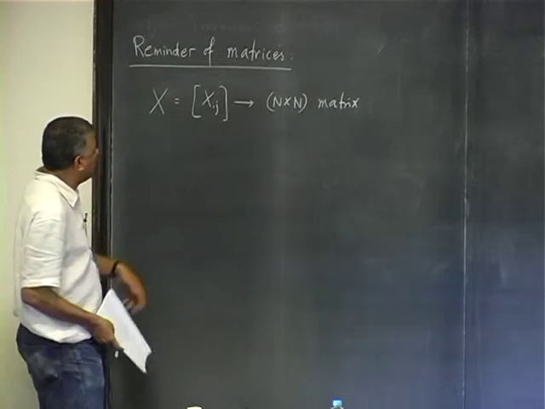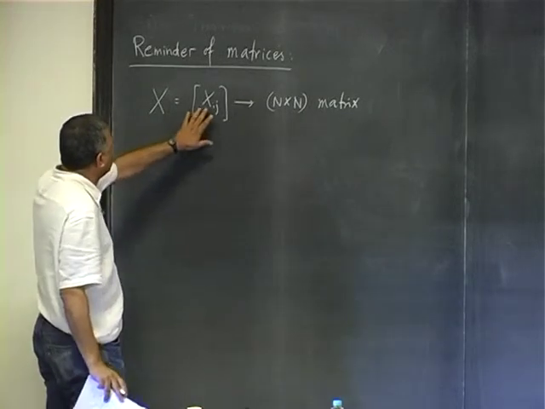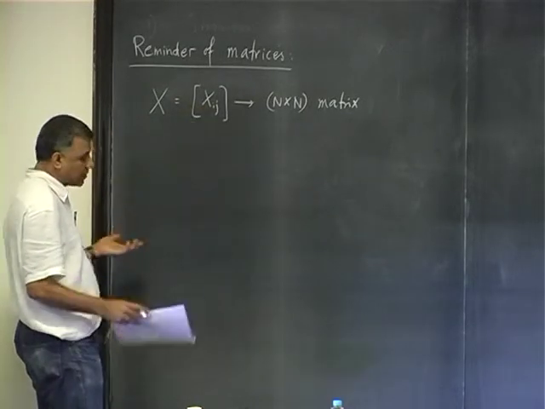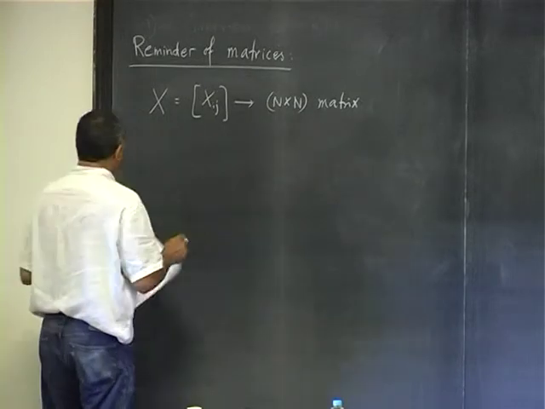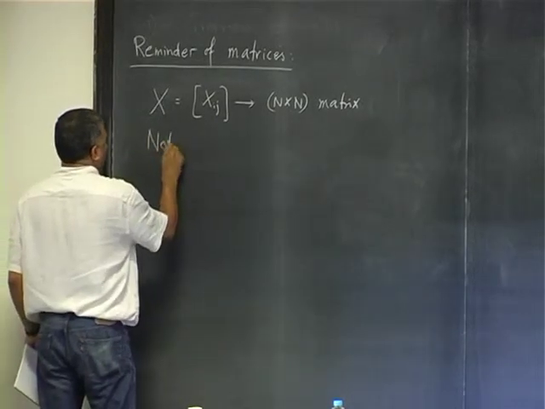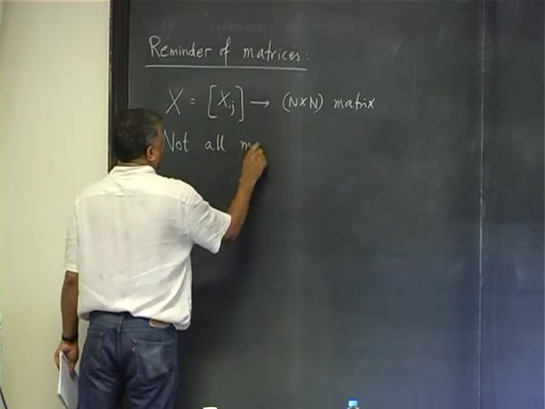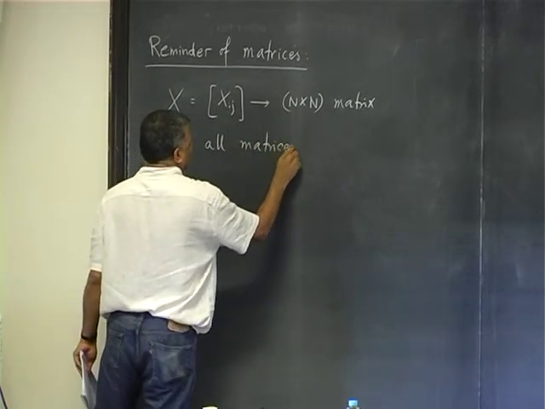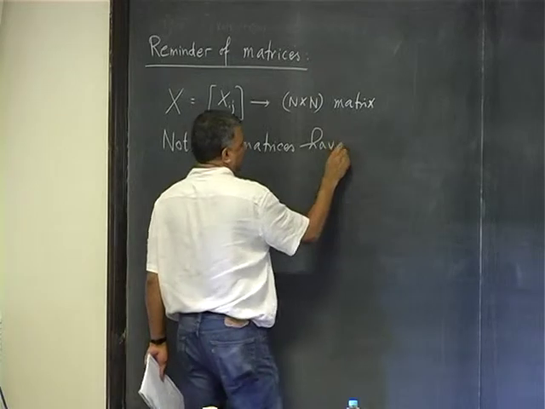As I said, in general, if there is no symmetry in the problem, the eigenvalues of these matrices are going to be complex. So not all matrices have real spectrum.